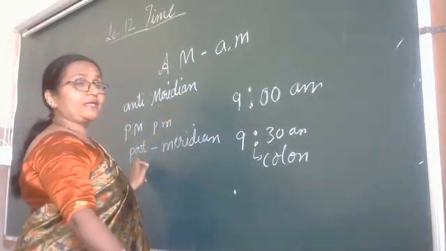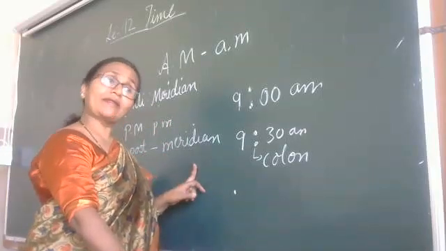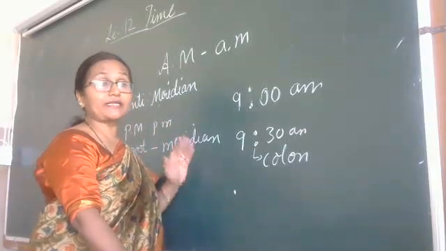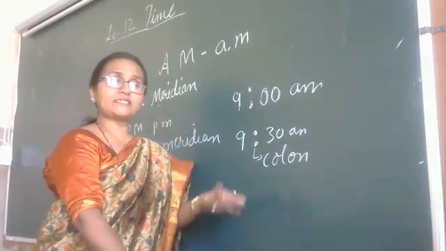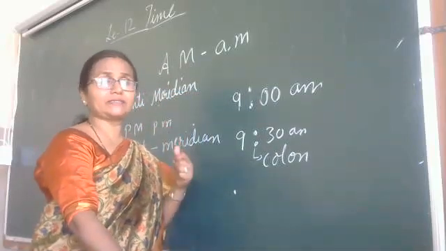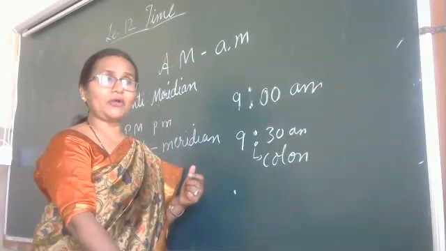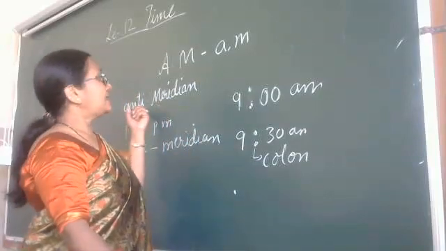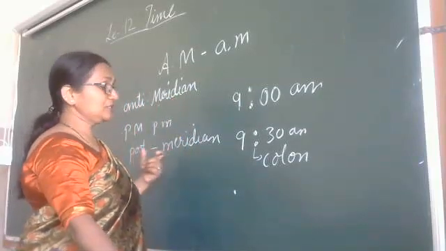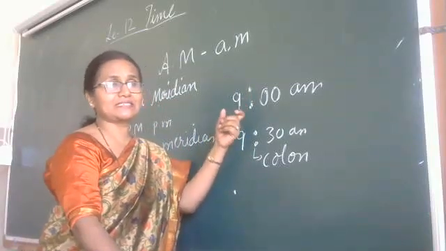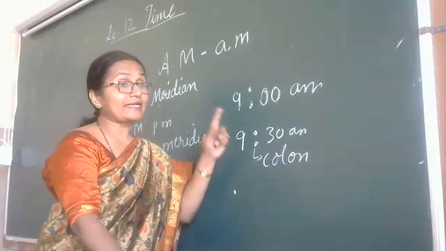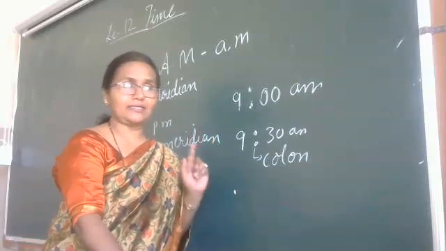You can write it in one book which is important and keep it. Third standard, fourth standard teachers will ask you what AM means. You should know to answer. AM means anti-meridian, PM means post-meridian. And what are the two dots? When we write figures in time, we put two dots. It is called a colon.